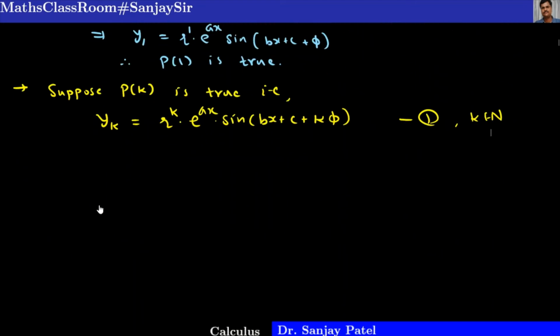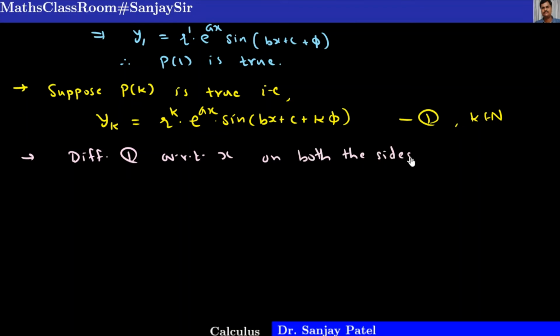Now we differentiate this result to get pk plus 1 or say yk plus 1. So let me write this way. Differentiate result number 1 with respect to x on both the sides.